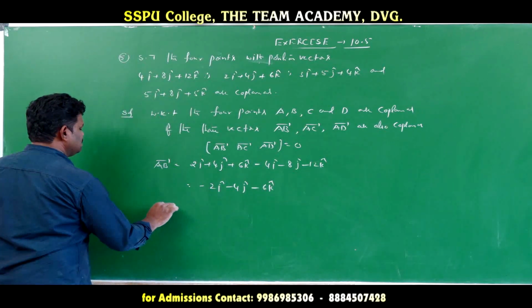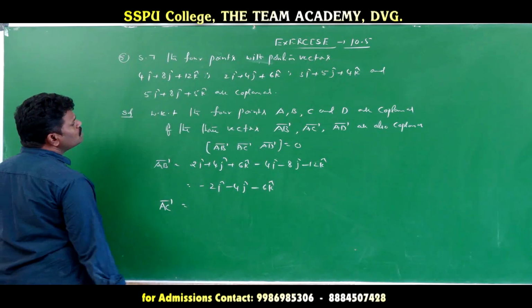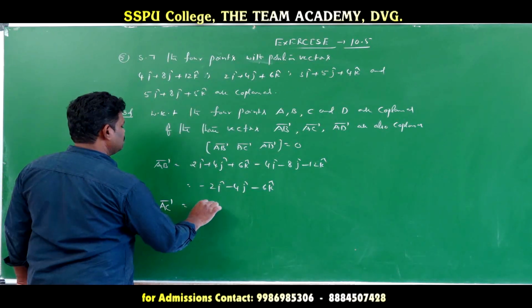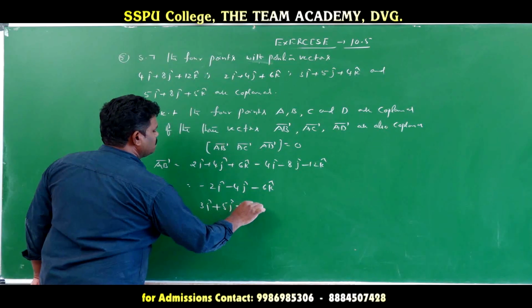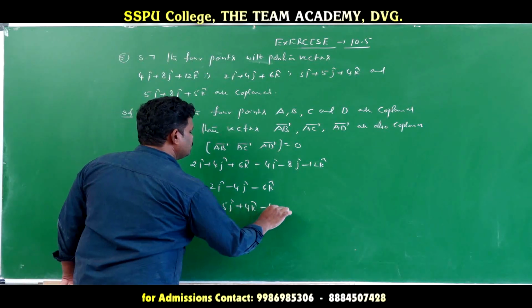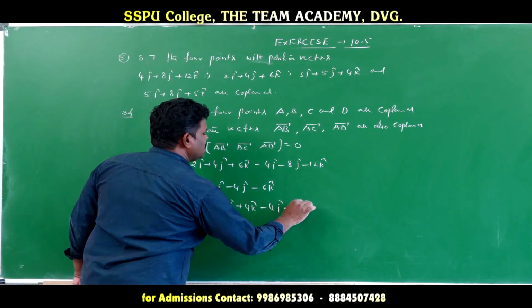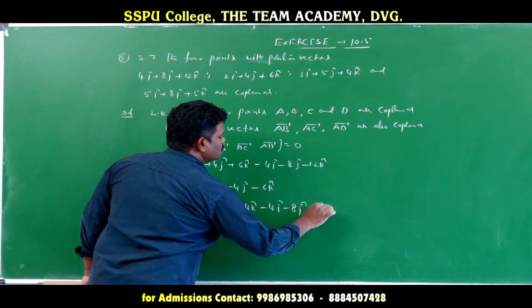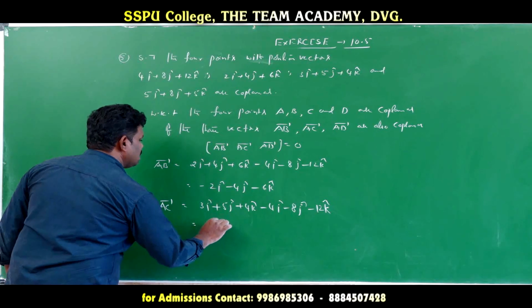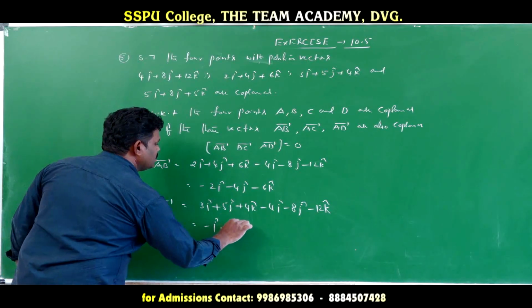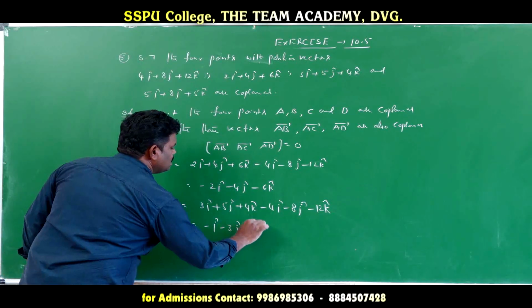Next one, AC vector: OC minus OA. Then 3i cap plus 5j cap plus 4k cap, minus 4i cap minus 8j cap minus 12k cap. Then see, that is equal to 3 minus 4, minus i cap, minus 3j cap, minus 8k cap.